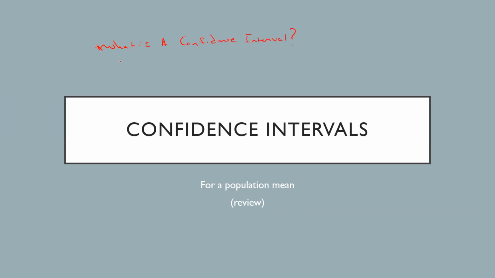All it is is an interval or range estimate for a population parameter. And the 2 population parameters that we're going to be talking about estimating are a population mean, which is going to be the review today, and then the new thing we'll learn is for P, a population proportion.